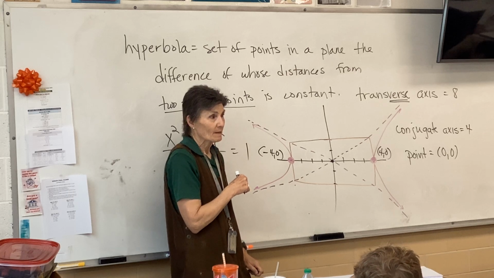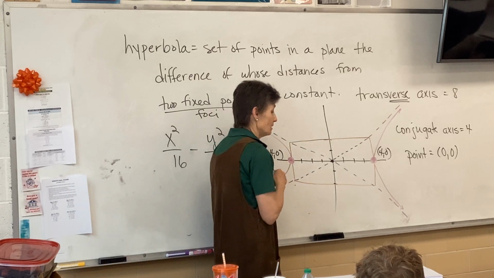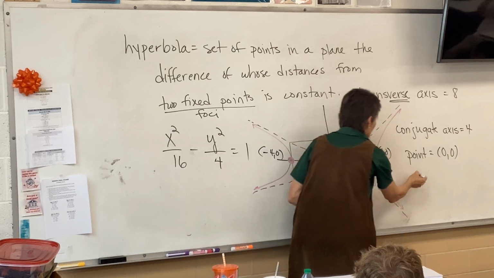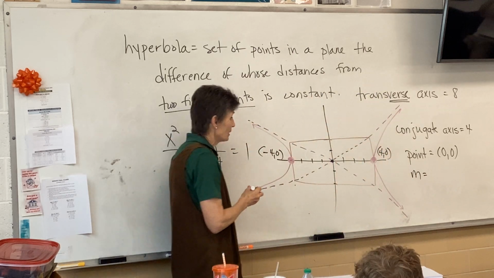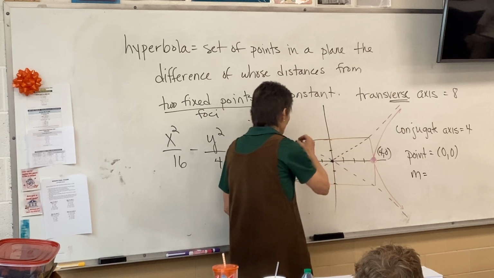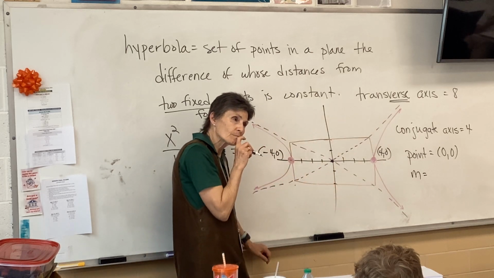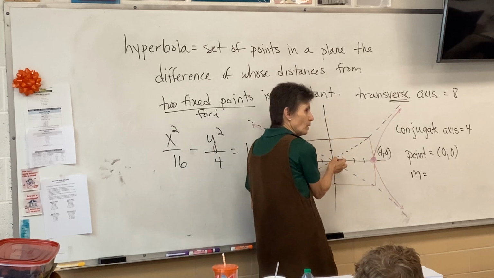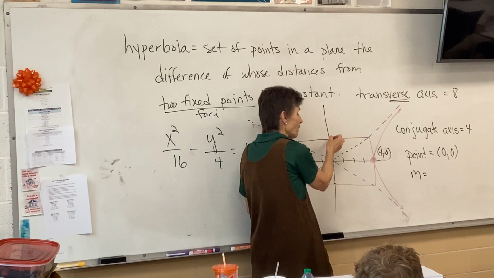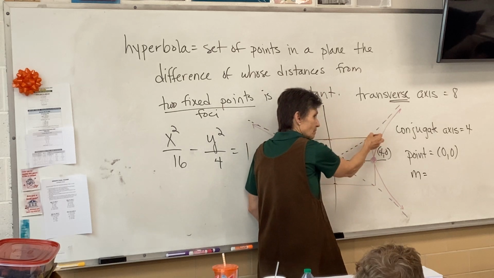Okay? And then we need a slope. We're going to write the equation of a line, we need a slope. Remember when you built the box? How did you build it? What did you do? You started at the center, and what did you do? You counted up 2, and over 4.